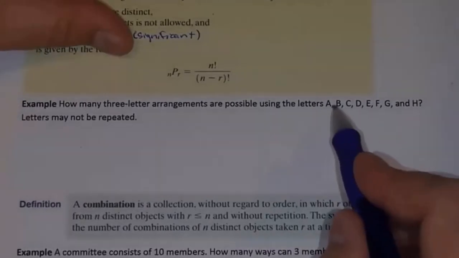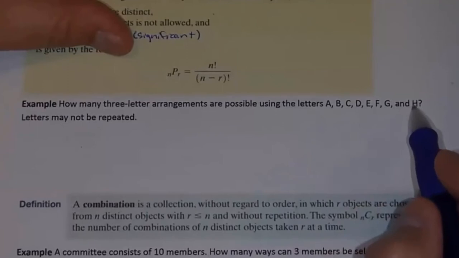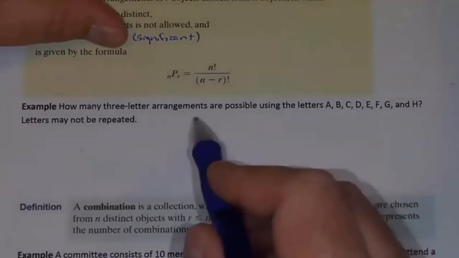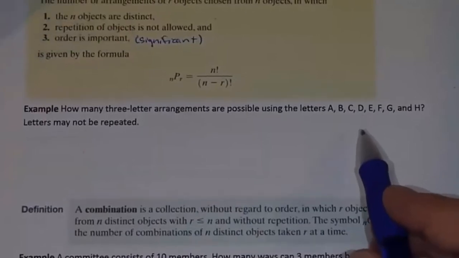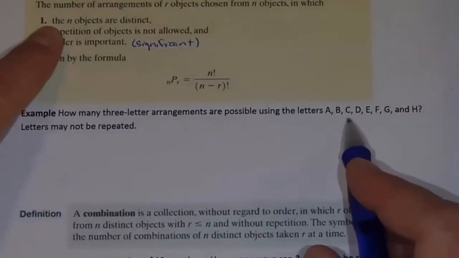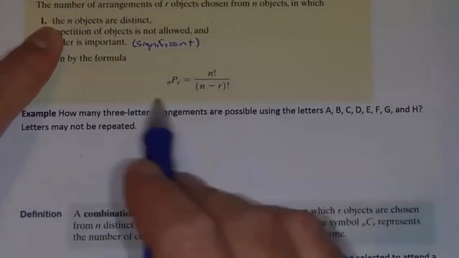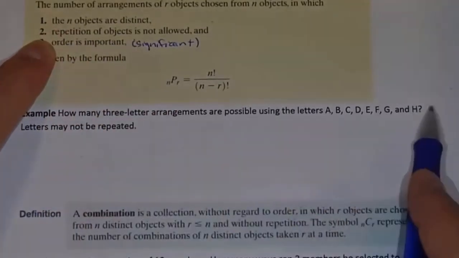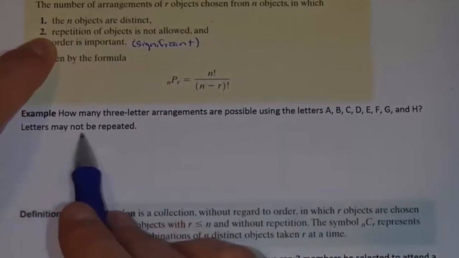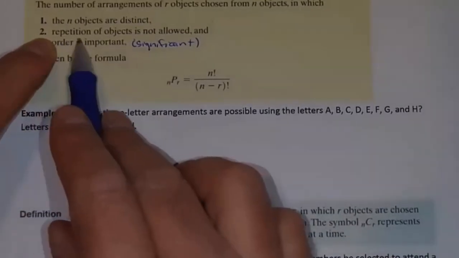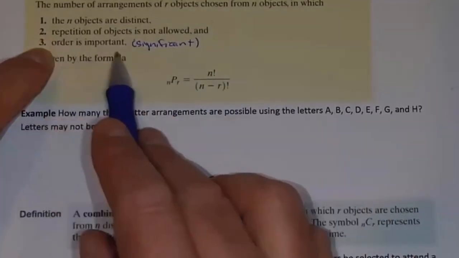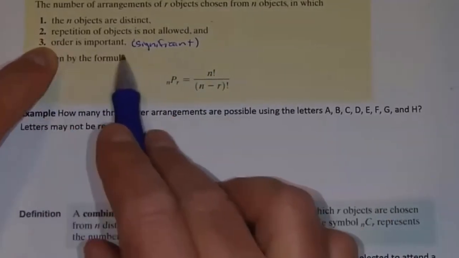So we have 1, 2, 3, 4, 5, 6, 7, 8 different letters, and we're going to choose 3 of them to arrange. So we have 8 letters, so that's 8 distinct objects. I can tell the letters apart. Letters may not be repeated, so repetition of objects is not allowed. The order is going to be important. The order is significant.